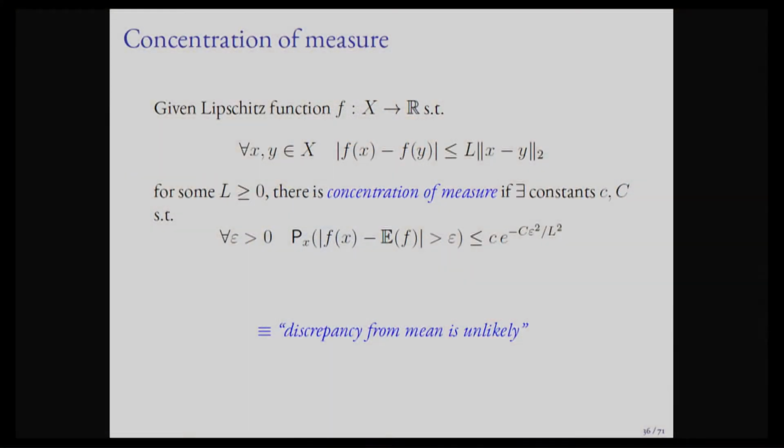And this way is the following. Suppose you have a function f that maps into the reals, and this function has an average over all of its values. You want to know the probability that the discrepancy between the values of the function and its average exceeds a certain epsilon. This probability decreases to 0 exponentially fast.